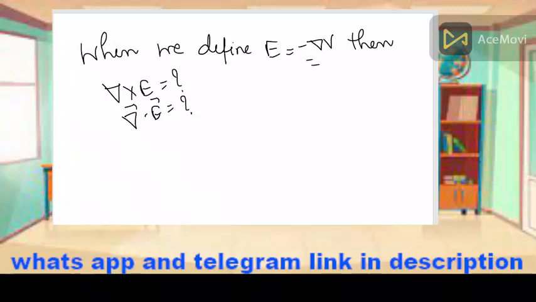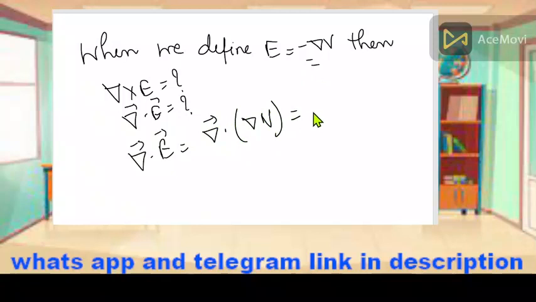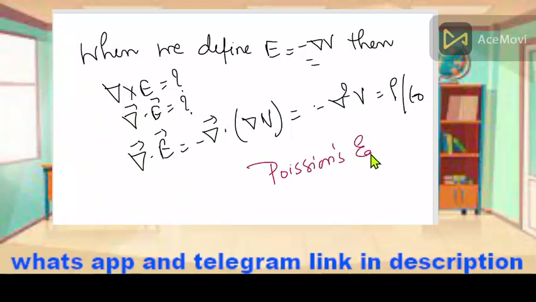Let us first check del dot E. Del dot E, the divergence of electric field, with electric field written as minus del V, the gradient of a scalar, is minus del square V, which is equal to rho by epsilon naught. This equation is called Poisson's equation.